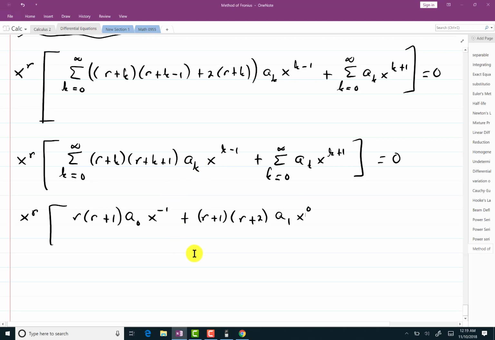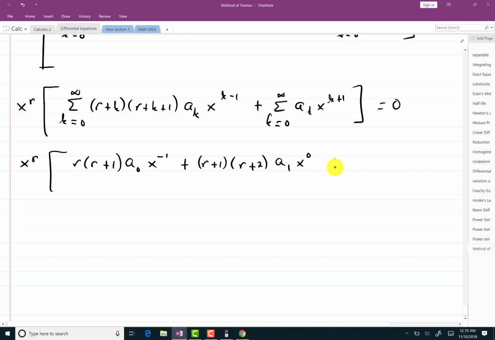And then I'll have plus the sum k equals 2 to infinity, r plus k times r plus k plus 1, a sub k x to the k minus 1, plus, now this starts at x to the 1, and this starts at x to the 1, so what I'll do is re-index this one, so I'll start it at 2.